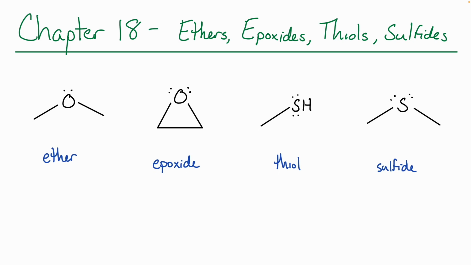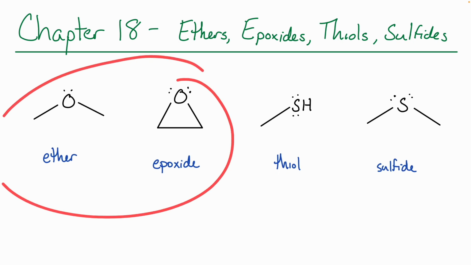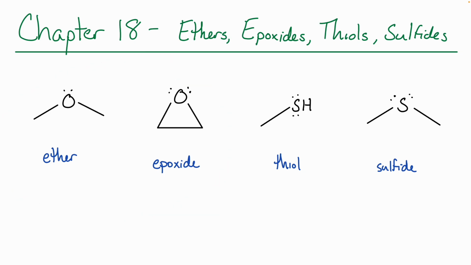These are going to be our topic of discussion. We're going to spend most of our time discussing ethers and epoxides. We're going to mention thiols and sulfides, but not quite as much emphasis. Again, we have our ether, so we have our oxygen sandwiched between two carbons. An epoxide is an ether, but specifically an ether that's been bent into that triangle, that three-membered ring. We have our thiols, which are analogous to our alcohols, and then our sulfides, which are analogous to our ethers.